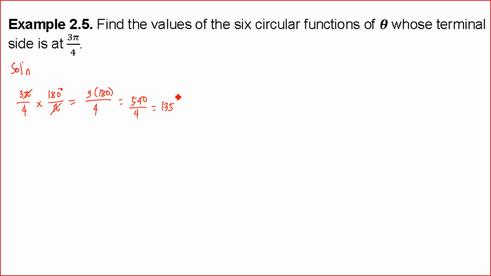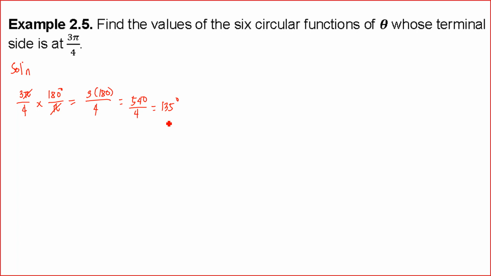Now, 135 degrees is in the second quadrant because it's less than 180 degrees.